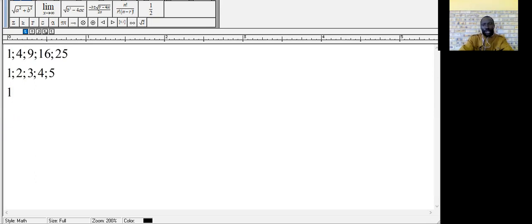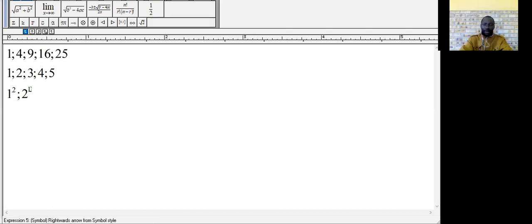Now, the question here is, what can we do to the position to get the number? Well, what we can do here is simple. We just square this, you see? Then for the second position, what else do we do?